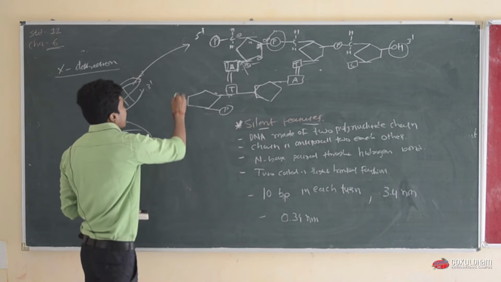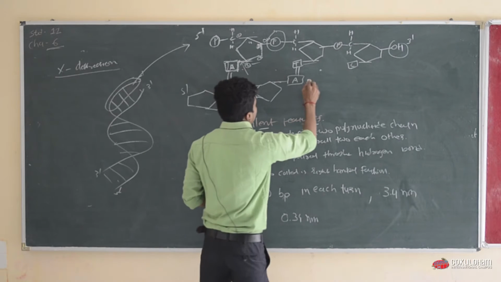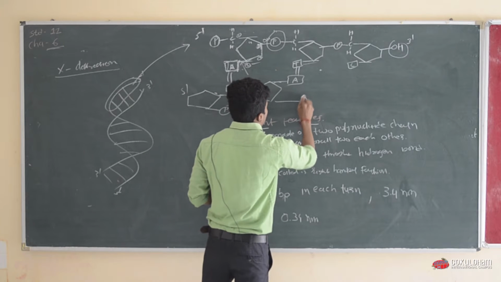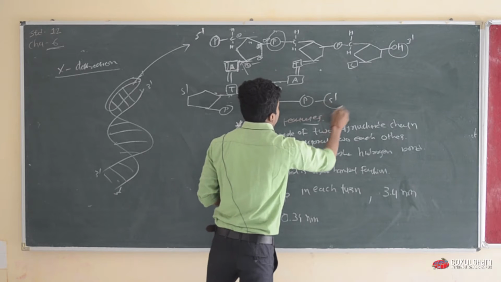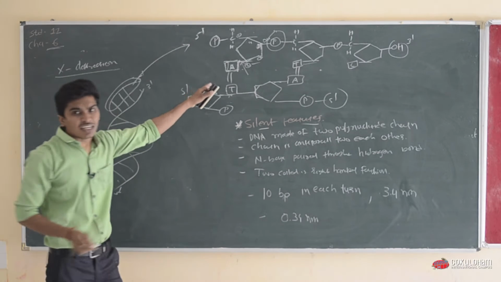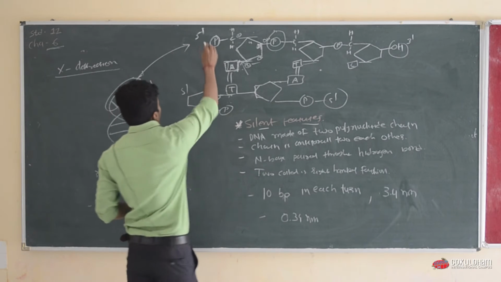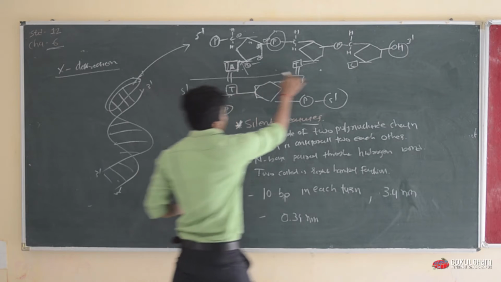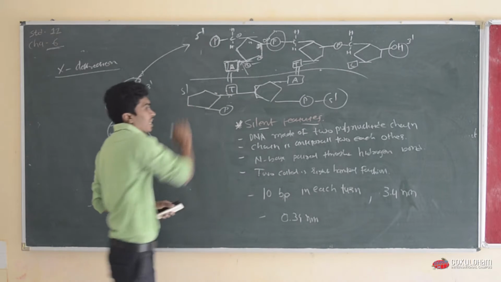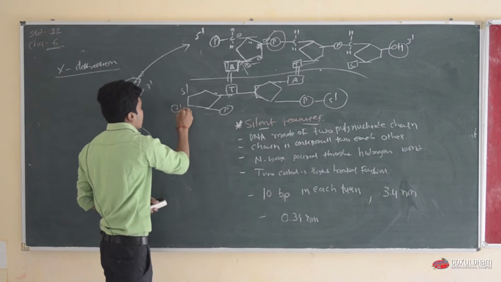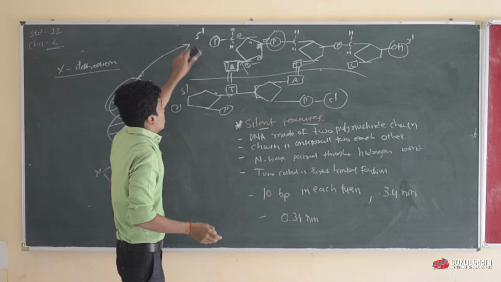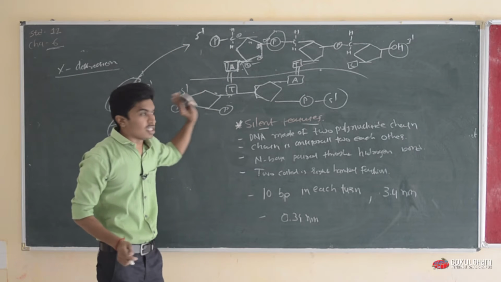This is the 3' and this is the 5' end. It makes the double stranded DNA. As you can see, this is the first chain and this is the second chain, and both chains are going anti-parallel to each other.